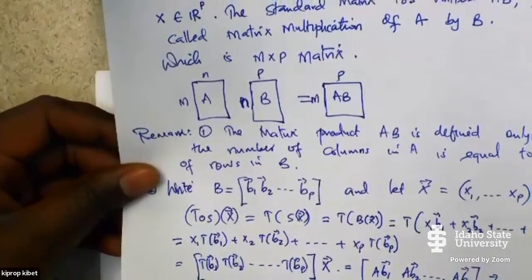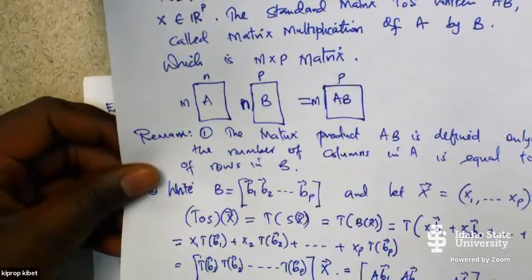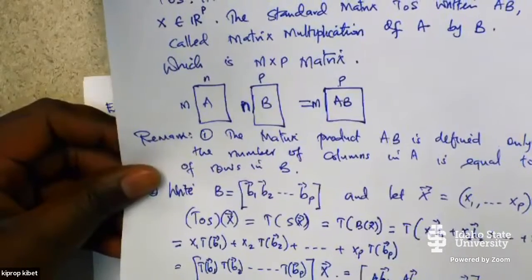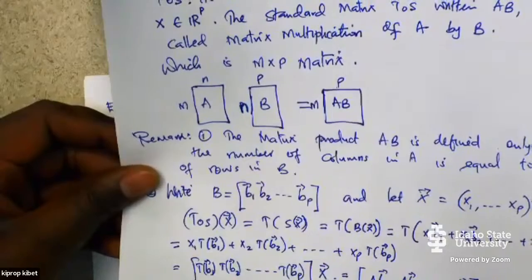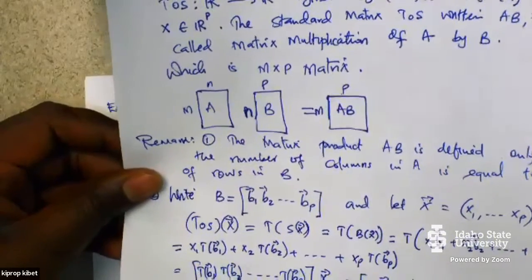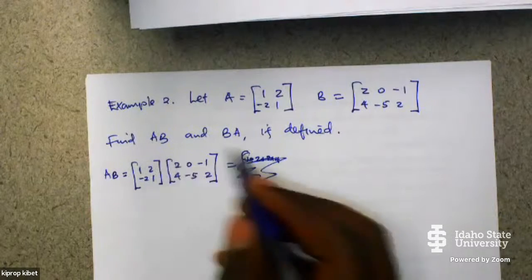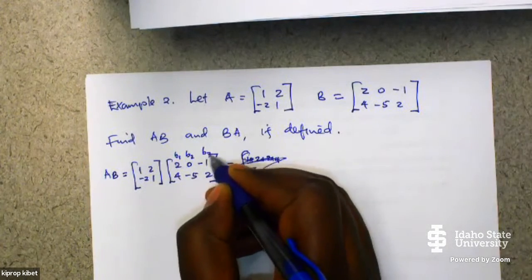To multiply A by B, you multiply the matrix A by the vector B1 to get the first column, and so on. So we name the columns of B as B1, B2, and B3.